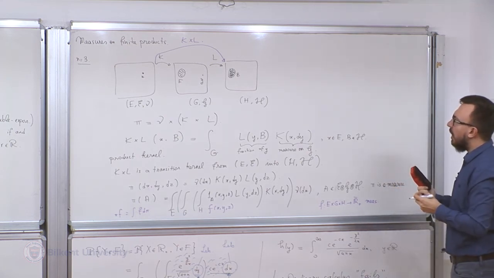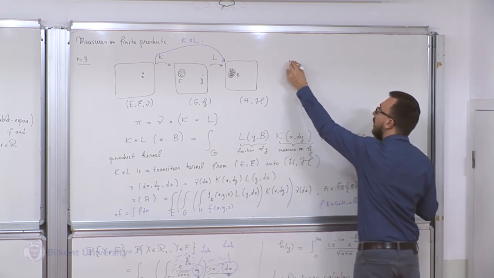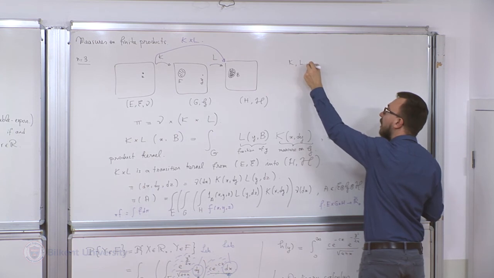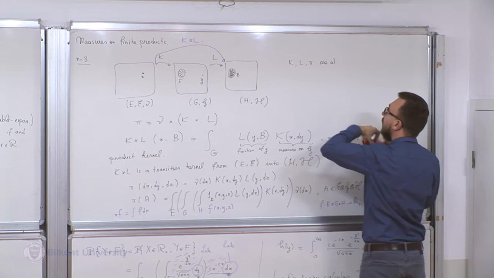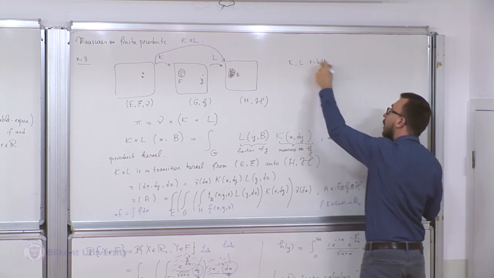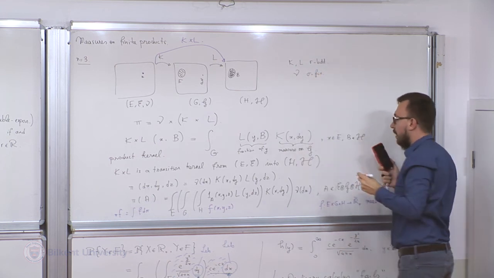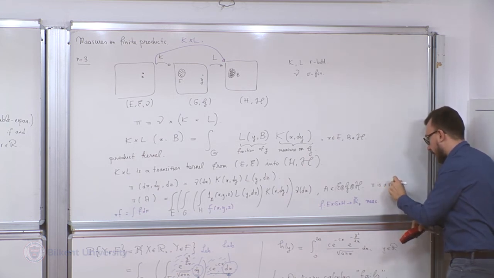And I guess we need to assume something. For instance, that K, L are sigma bounded and nu is sigma finite. Then pi is also a sigma finite measure.